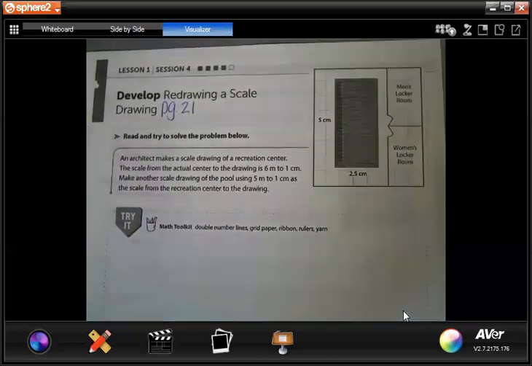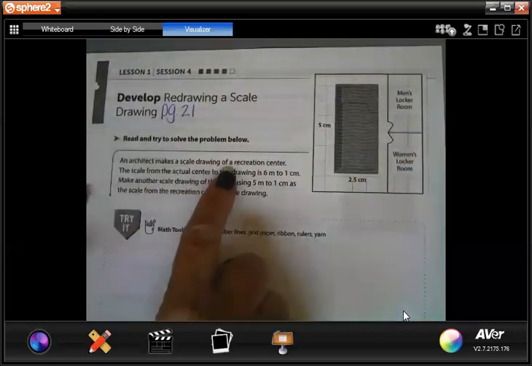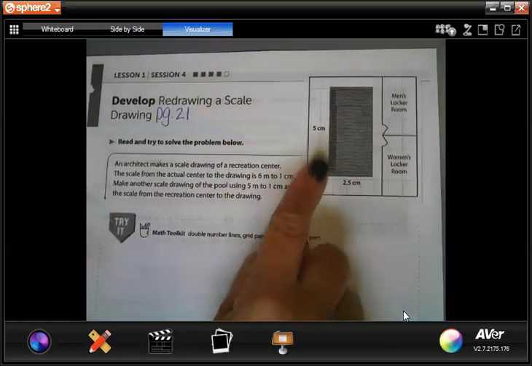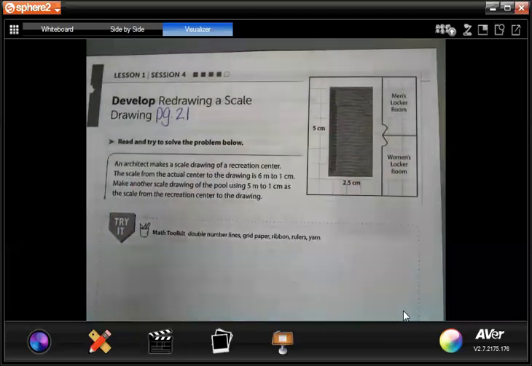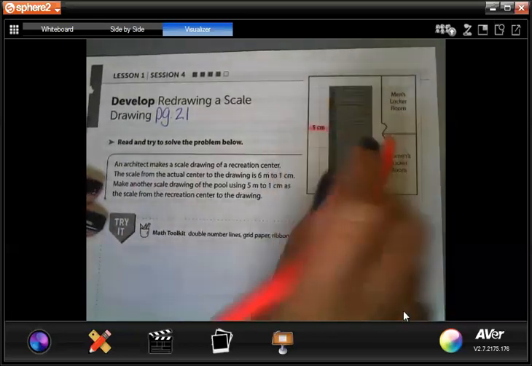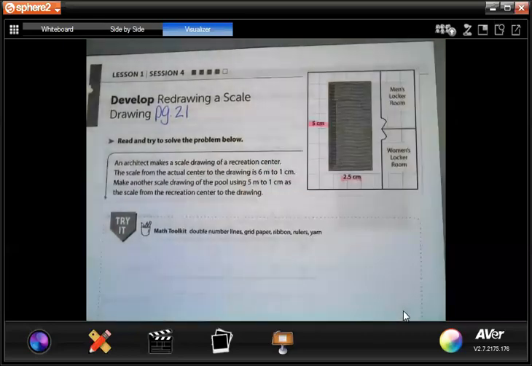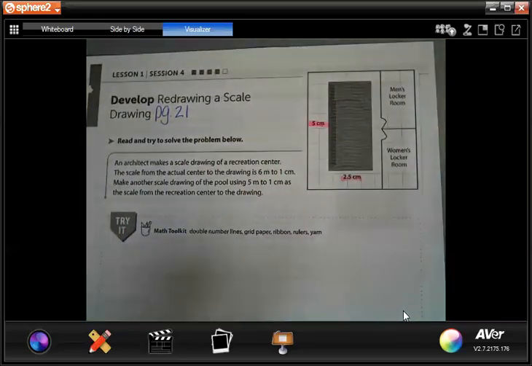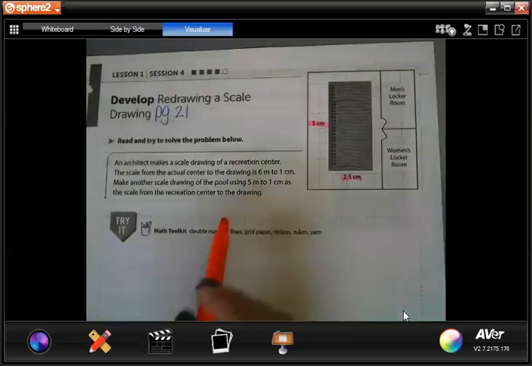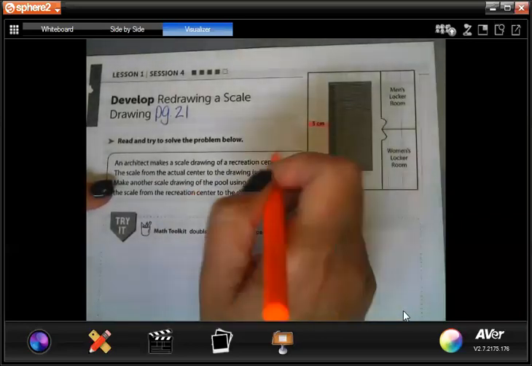Now I'm going to reread it another time so I can start pulling out important information. An architect makes a scale drawing of the recreation center. So this is the recreation center right here. Here's what I know about the scale drawing. The length is 5 centimeters. The width is 2.5 centimeters. That's pretty important. The scale from the actual center to this drawing right here is 6 meters for every 1 centimeter.